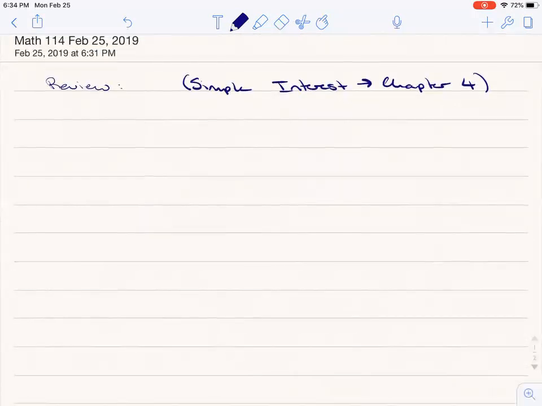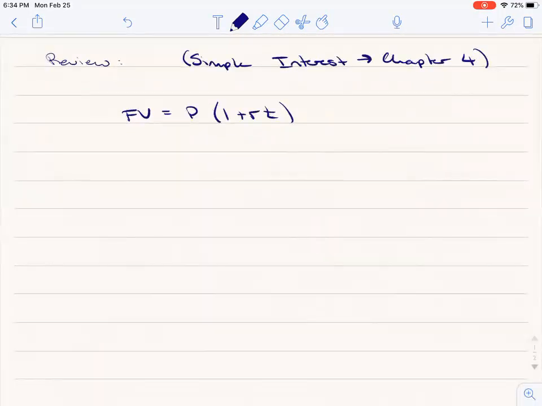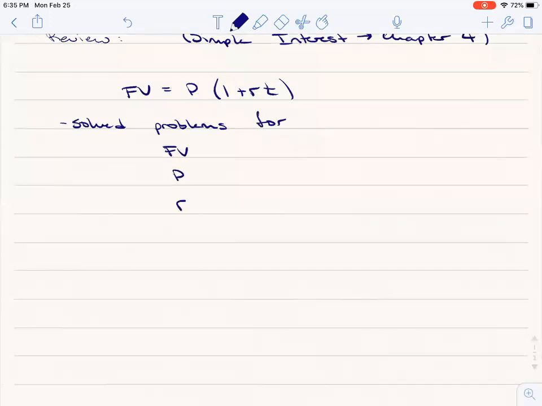And we've been using the formula, the future value is the present value times 1 plus RT. And we've solved problems for the future value, of course. For future value, we've solved problems for P, we've solved problems for R, and we've solved problems for T. And so we've solved all these problems.